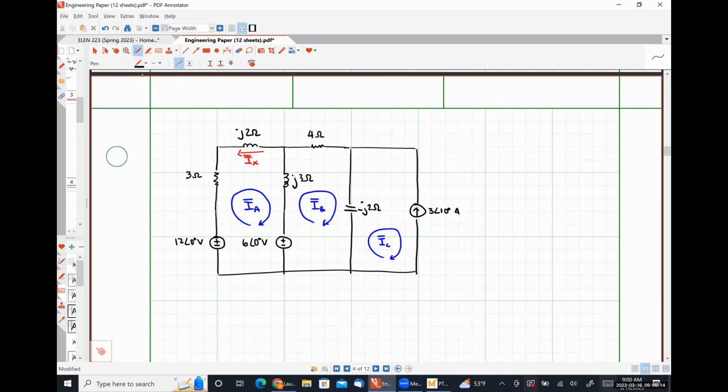The first relationship that I write when I'm doing mesh analysis is always any current relationship. So effectively, for every current source I have in my circuit, I can write a current relationship.